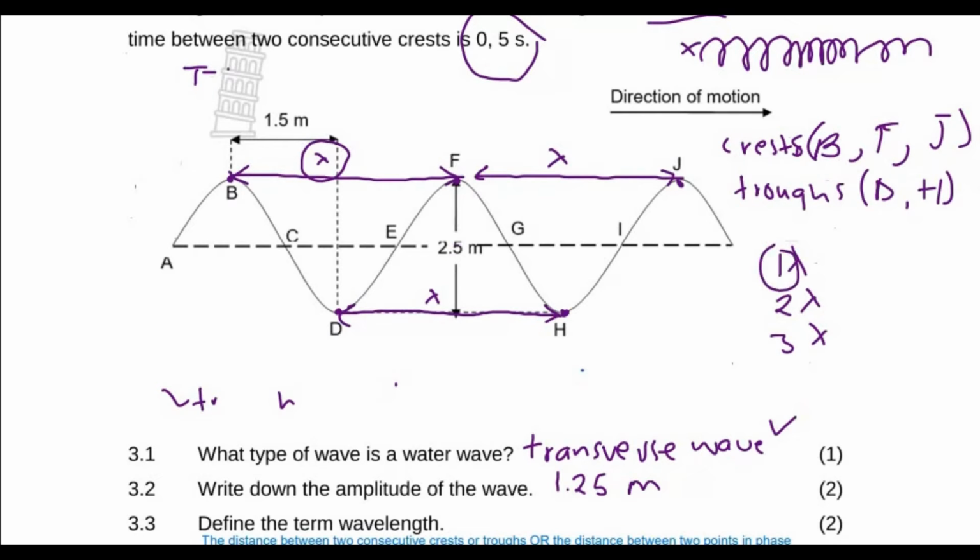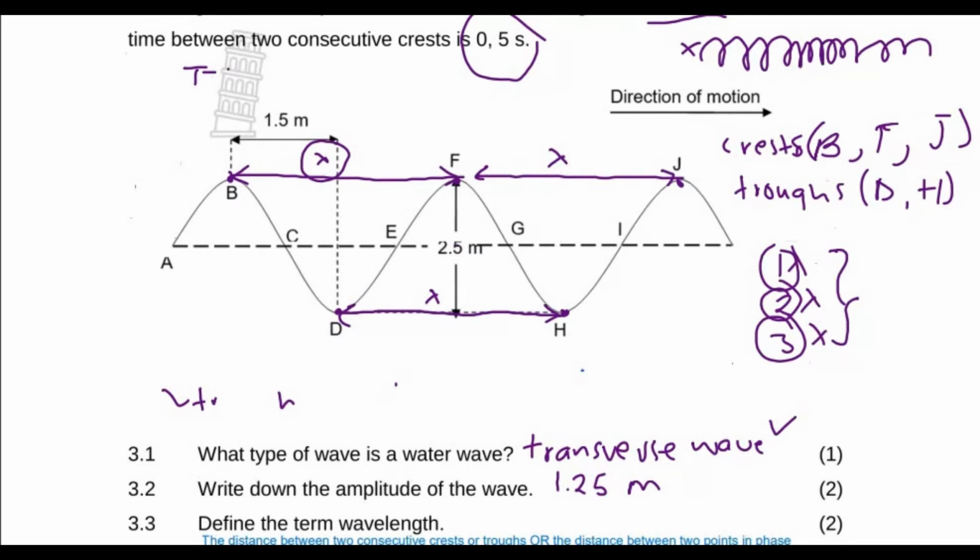So it's an integer multiple or a whole number multiple of wavelengths. When they are separated by a whole number multiple of wavelengths, we say that those 2 points are in phase.